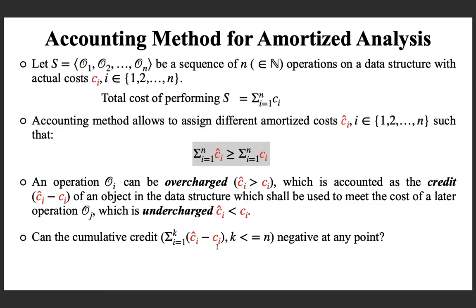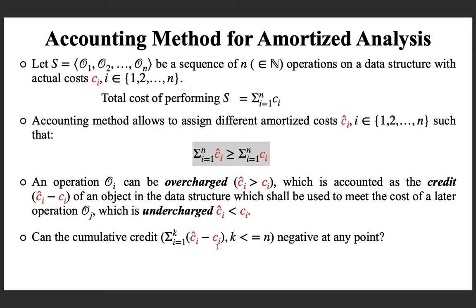Now an important question to ask is, can the cumulative credit, which means the total credit that the data structure maintains for various objects, be negative? Suppose you perform 3 insert operations, then the total credit will be 1 plus 1 plus 1, that is 3, because for each insert operation there is 1 extra rupee.